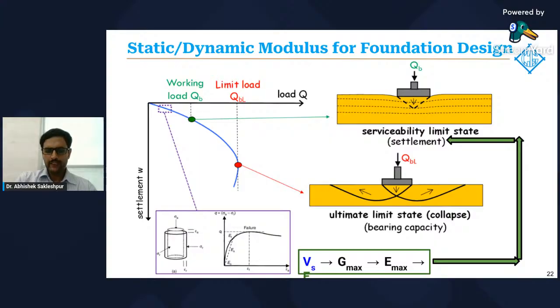And from G max, using the theory of elasticity, we get the small strain Young's modulus. And then we need to apply a certain degradation on the small strain Young's modulus to get the E value that is representative of strain levels that are applicable in settlement analysis of foundations.